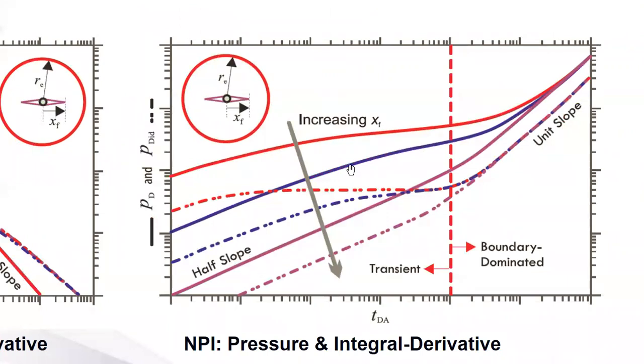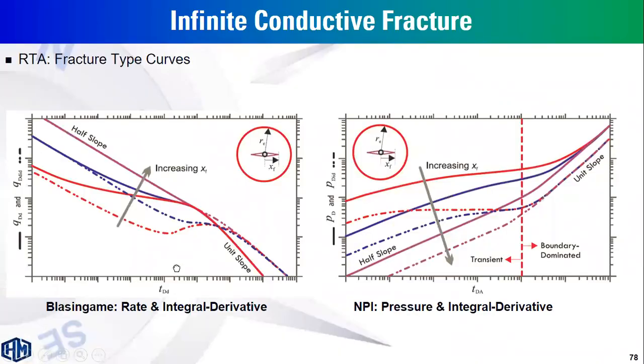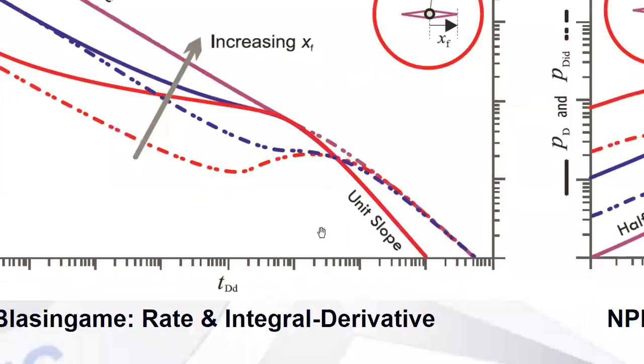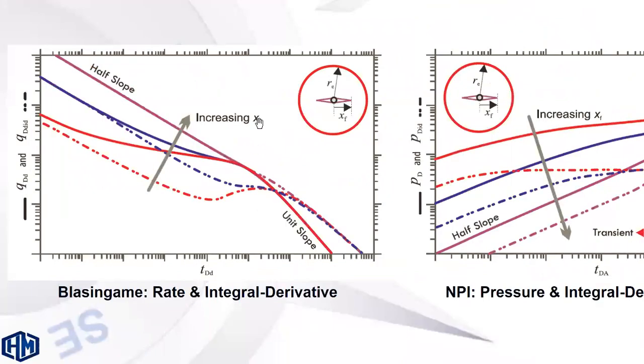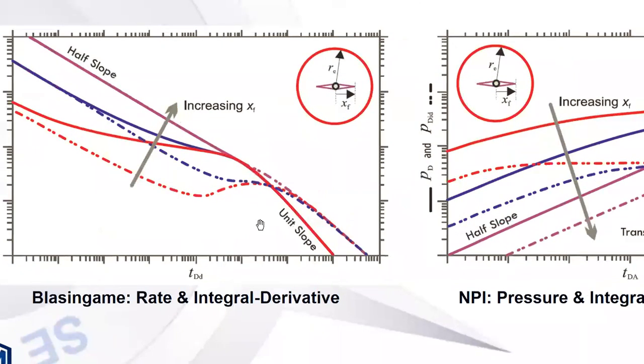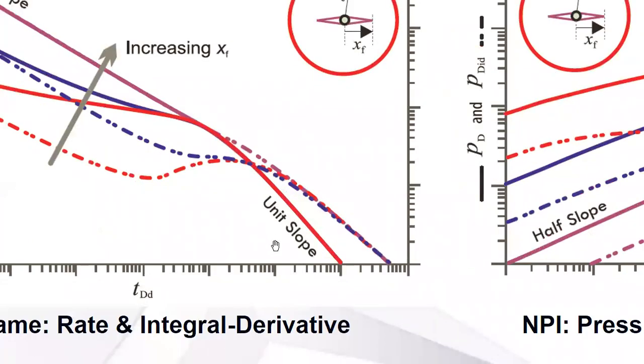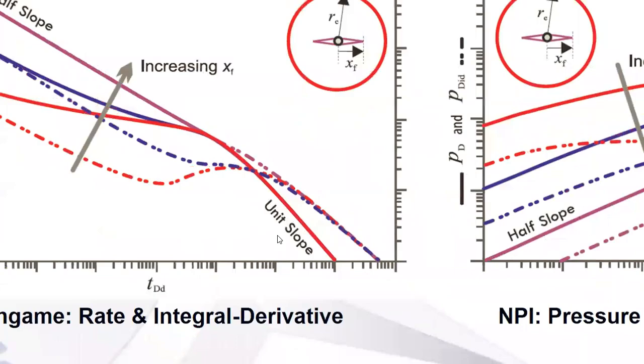And this is the typical log plot in case of a fractured well in RTA. We have the early time or transient data. We have half slope for fracture linear flow, but once we have boundary dominated flow, you will have a unit slope, an indication of the reservoir boundary. Similarly, for the Blasingame plot, you have half slope at the transient data and a negative unit slope line at the boundary dominated data.